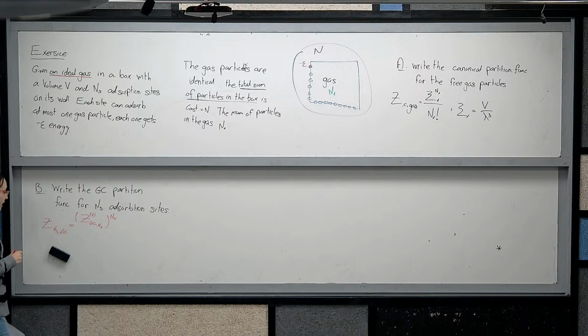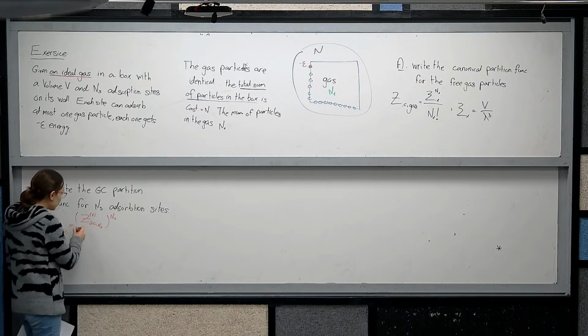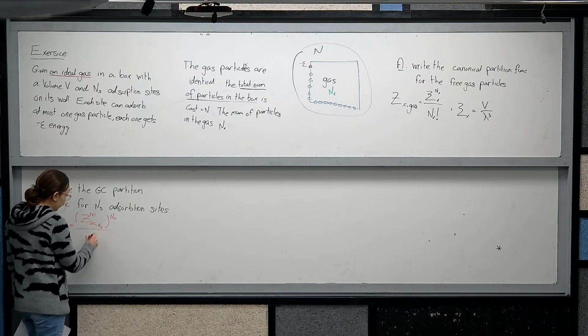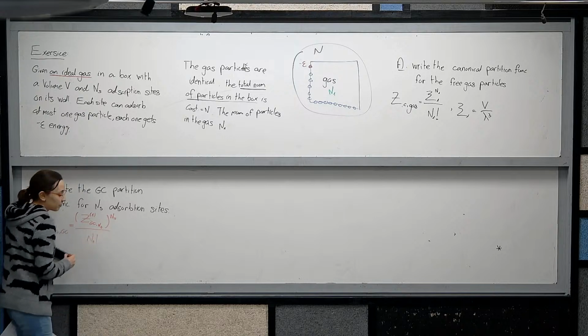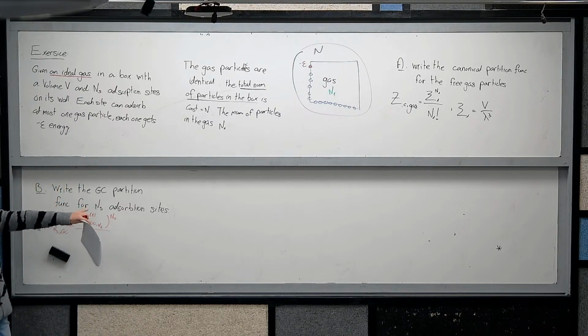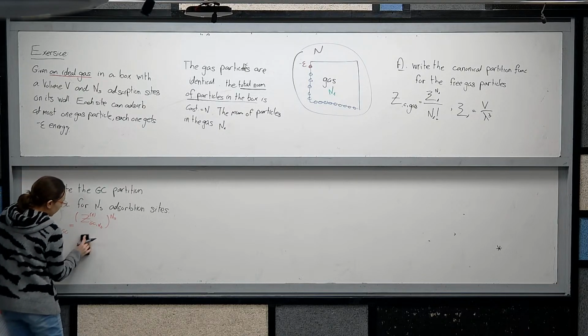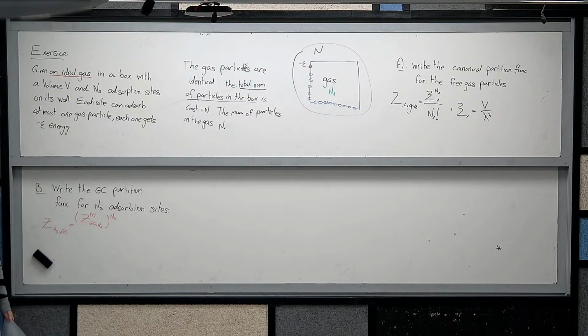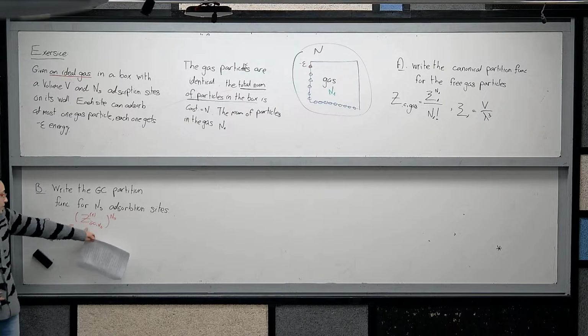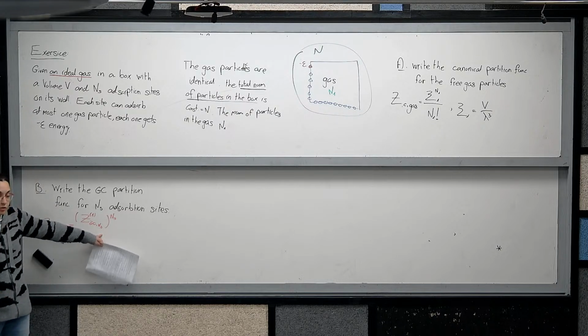And here we don't need to divide by NS factorial because the adsorption sites are different from each other. They are not identical because each one sits in a different location. So this is how we can write the total partition function of the system.